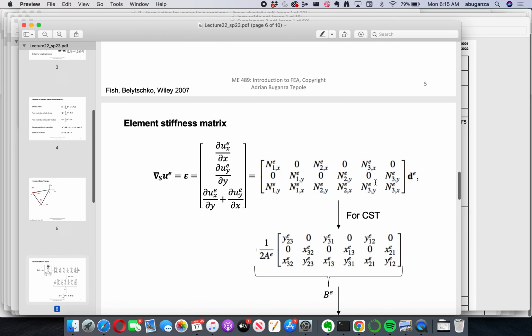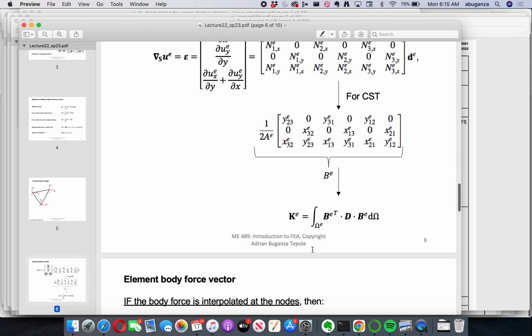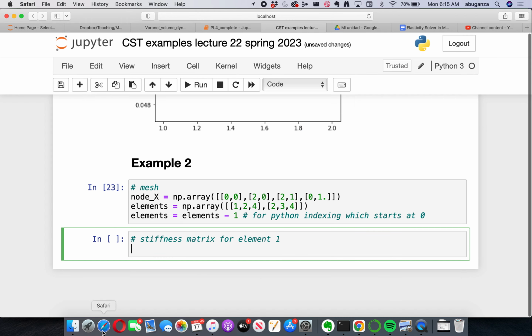For the constant strain triangle, the integral is just the area. So just area times B transpose times D times B. And then I need to go back and find the D matrix. I'll do that in a second.